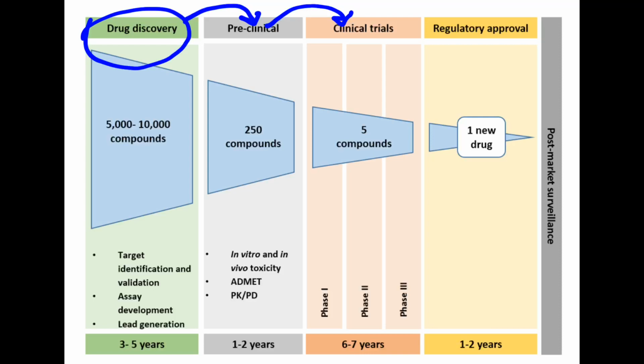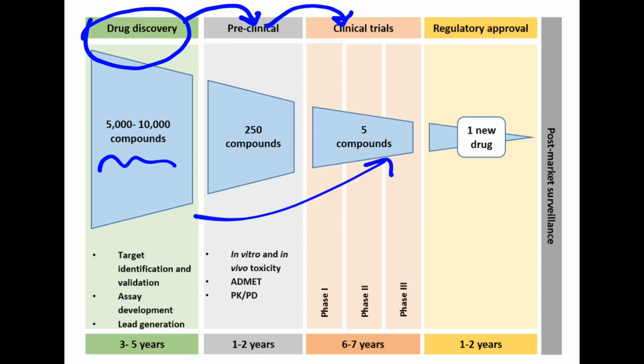So you started out with almost 10,000 compounds and ended up with 5, because most of the compounds are failing, either because they're too toxic in animals, they don't work as you thought they would once you move into animals, or they don't do anything at all, which is a common problem in clinical trials themselves, which again we'll talk about next week.